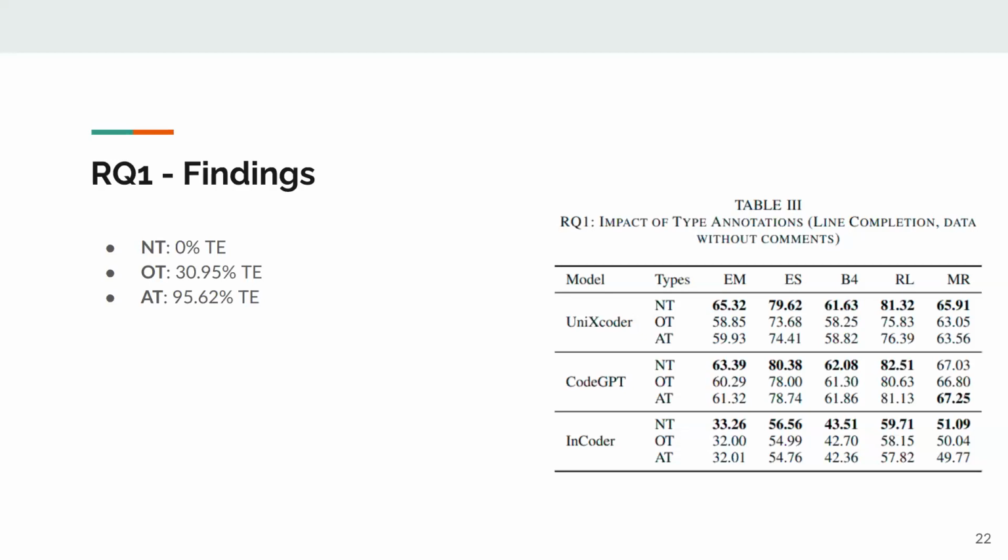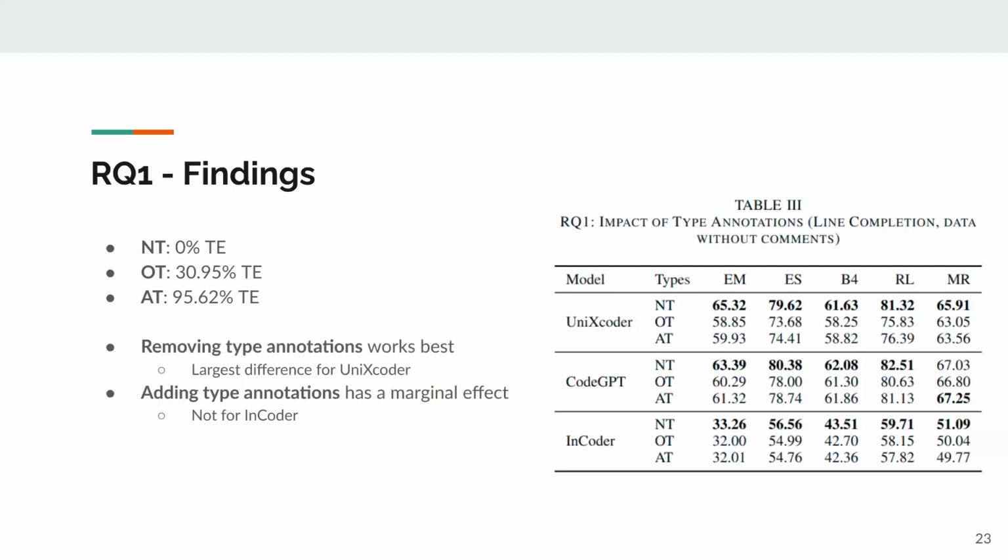Now, as mentioned earlier, to me this is not too surprising, because these models are generally pretty good at dynamically typed languages anyway. So why wouldn't they do well in this scenario where we remove types? So we see that this indeed led to the best performance, especially for Unix Coder.